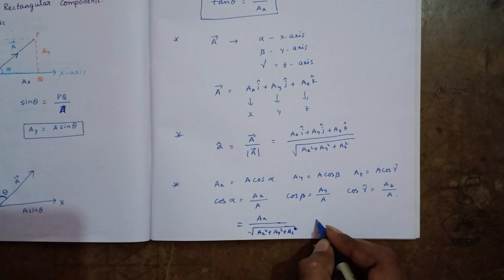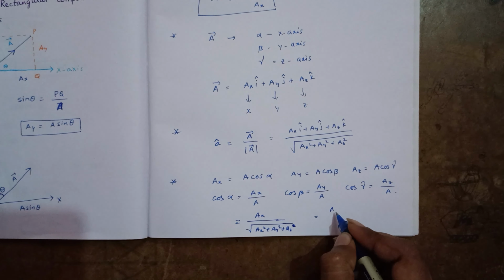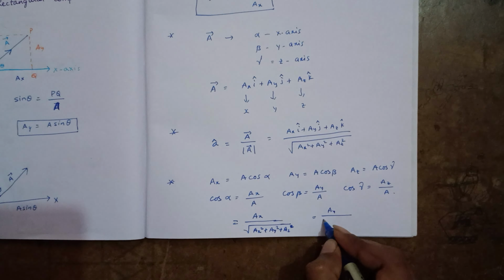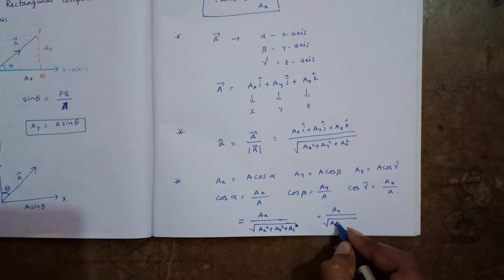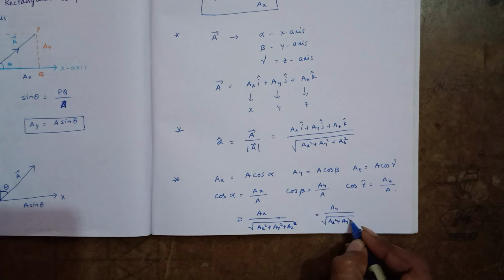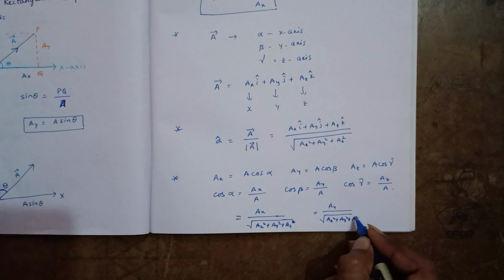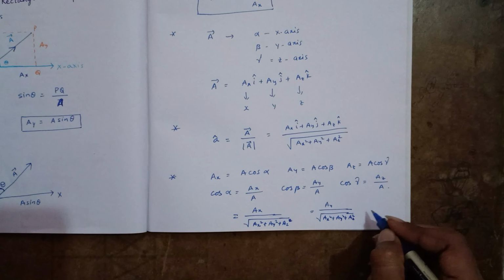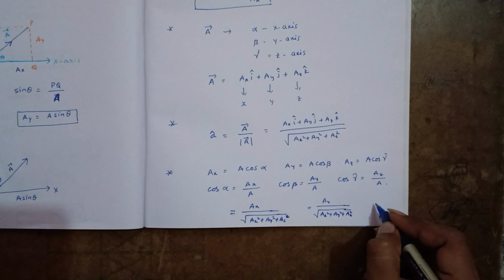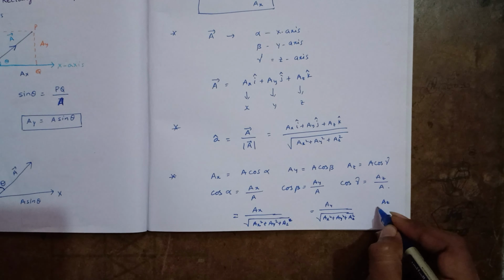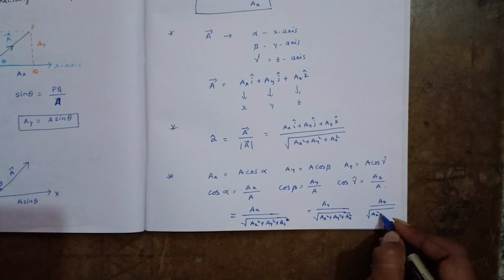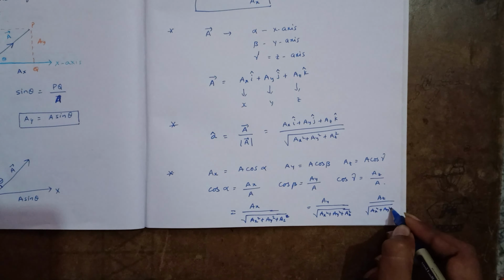Cos beta is ay by the same, square root of ax square, ay square, az square sum. I am not saying plus; you should take it as a sum. Then cos gamma equals az by the square root of ax square plus ay square plus az square.